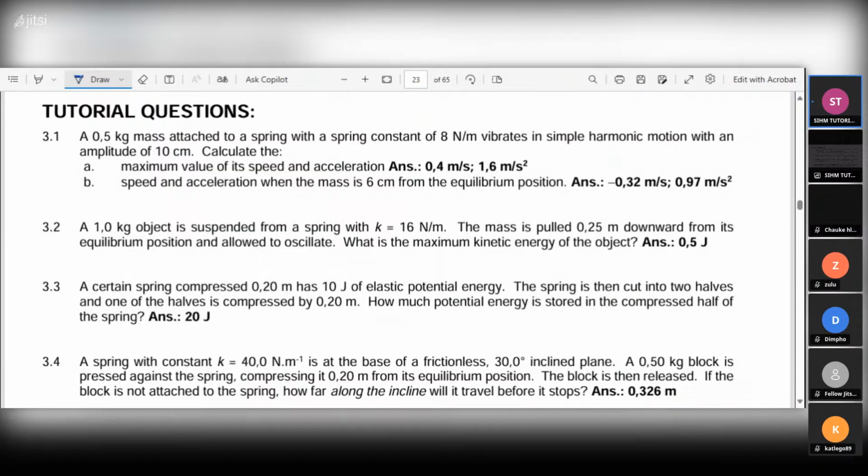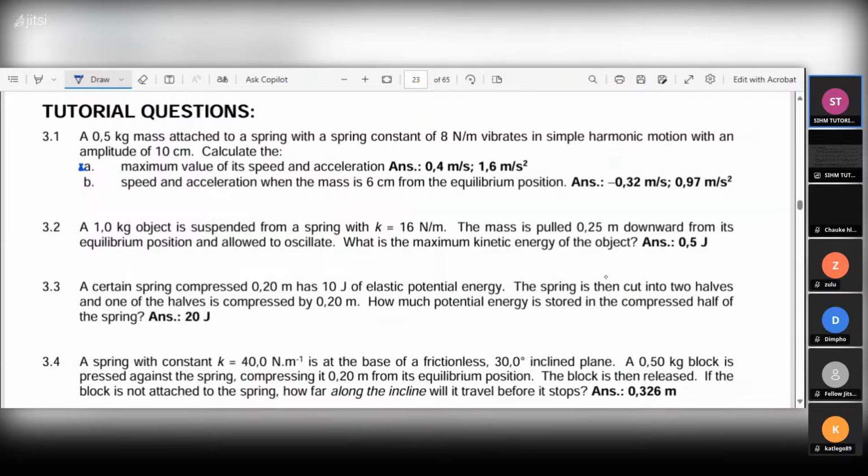Calculate there, and then you have letter A. It says calculate the maximum value of its speed and acceleration. So you guys need to think about this.